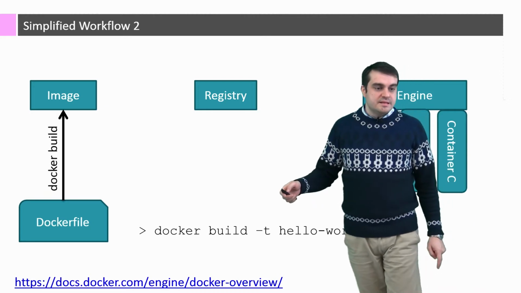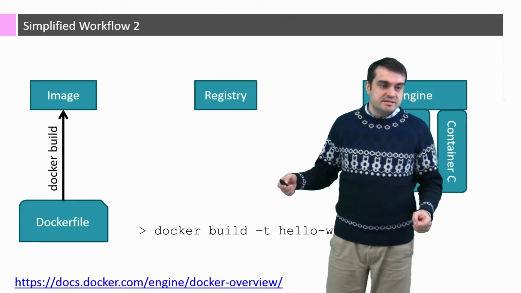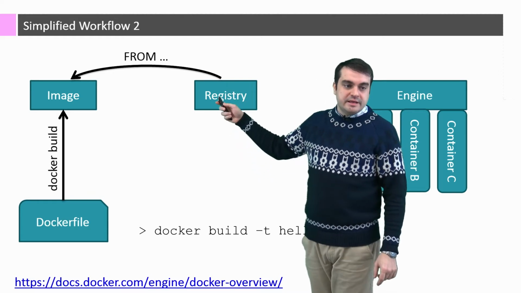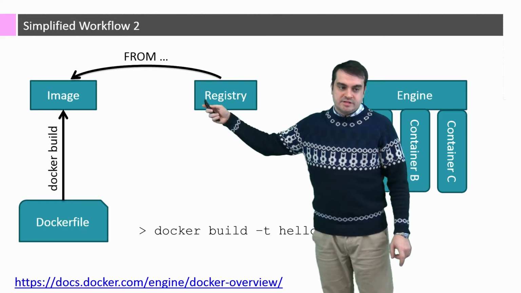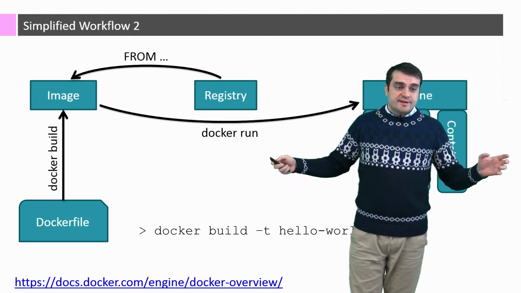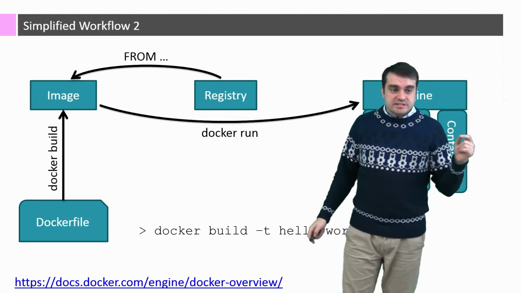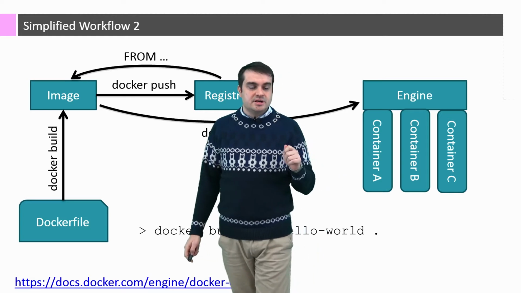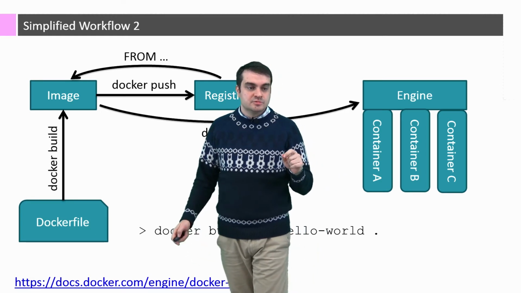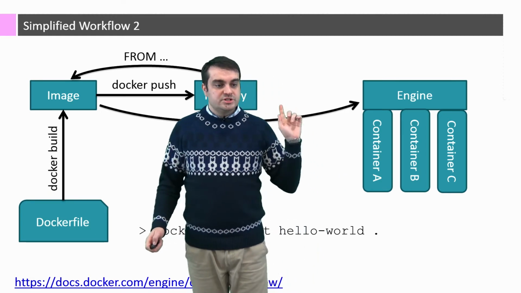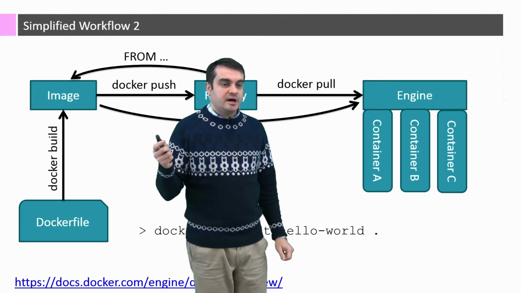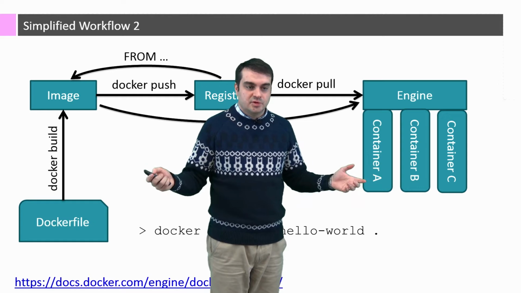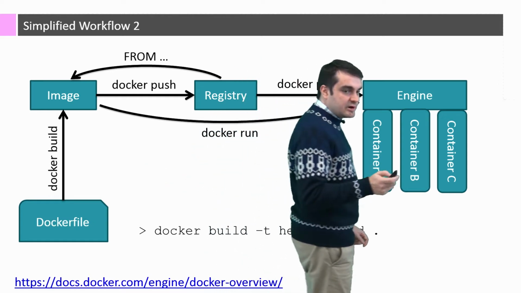So once we start building this image, the engine will look for images to build our image. Once we have our image, we can run this image, and once we've checked that this image is working as it's supposed to, we can then push this image into our registry, so that other nodes or other partners or other computers can pull that image and run it by themselves.